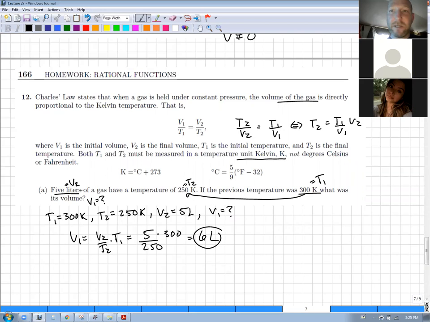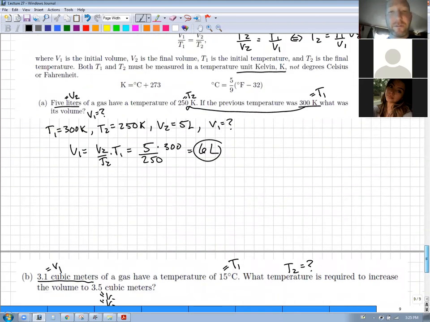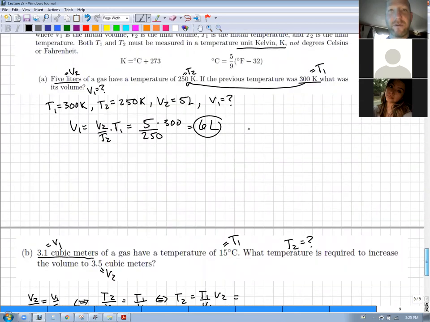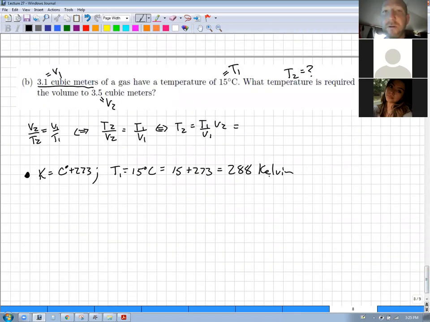They don't say what the volume has to be measured in. So whatever unit of volume we use, we're using cubic meters here. The last time we used liters. Because we started with liters, that meant we ended in liters. Here we're using cubic meters. Since both of these are cubic meters, the cubic meters cancel out. So if we plug these in, T1 is 288 Kelvin.